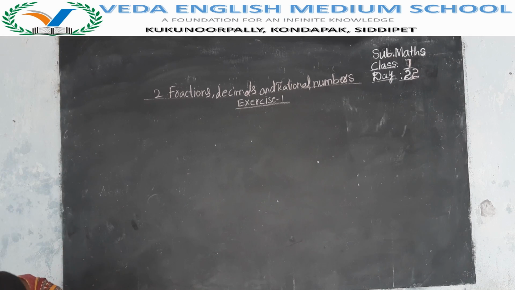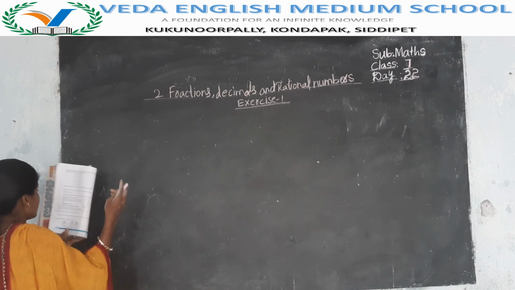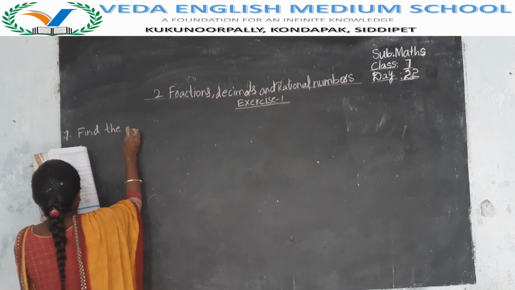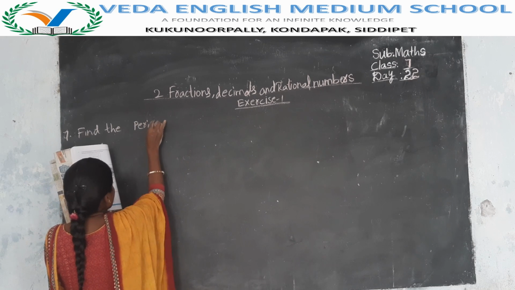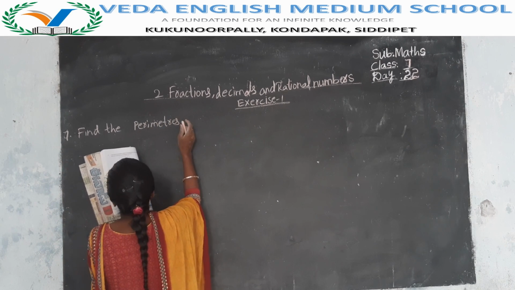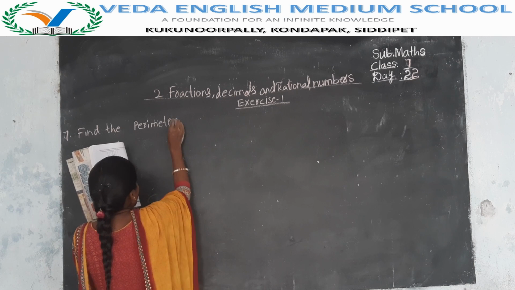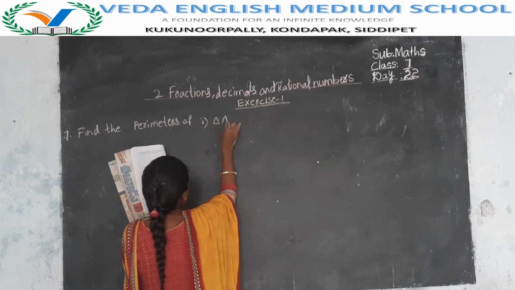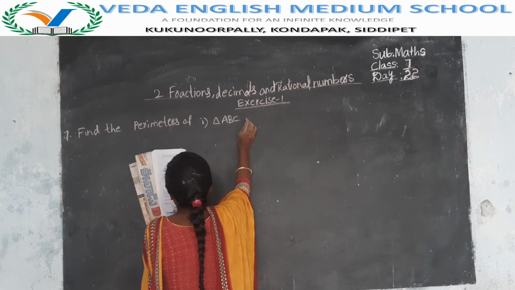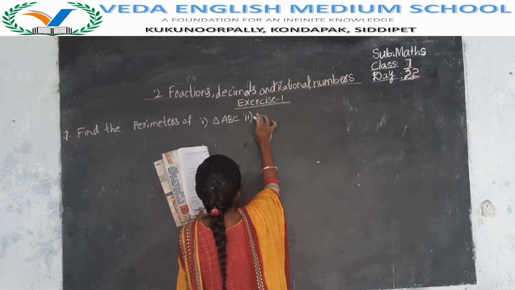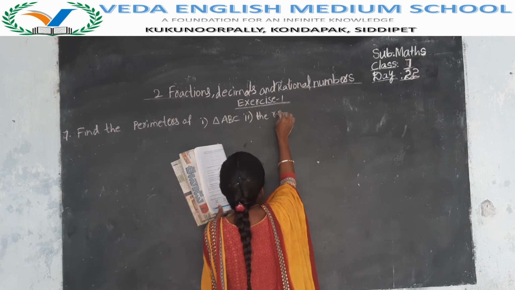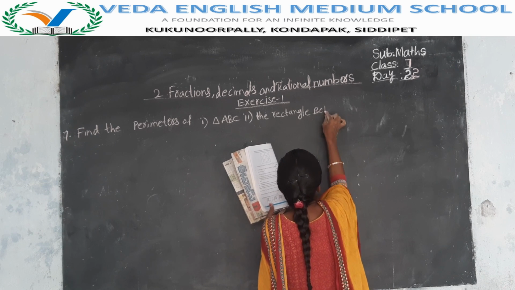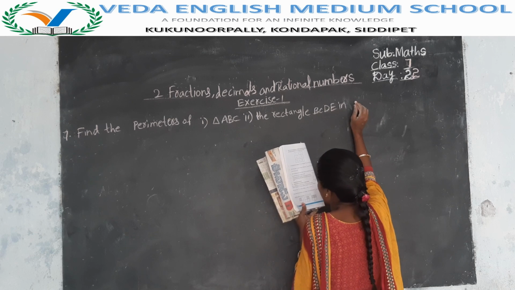Next, 7th question is: find the perimeters of first one, triangle ABC, second one, the rectangle BCDE in this figure.